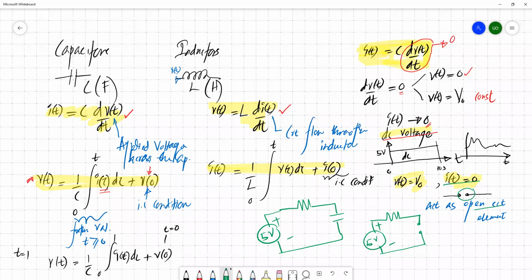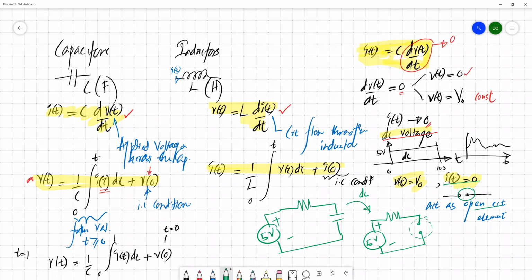This is a fixed DC source. Once you apply a fixed DC source, this capacitor acts as an open circuit element. So if you are dealing with DC, just replace the capacitor with an open circuit element and solve the circuit.